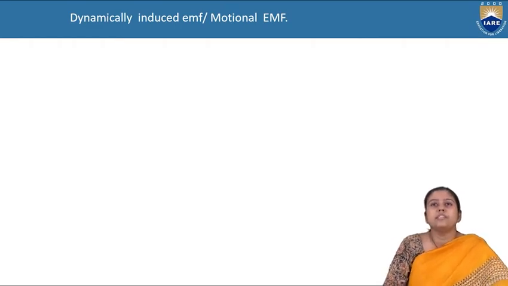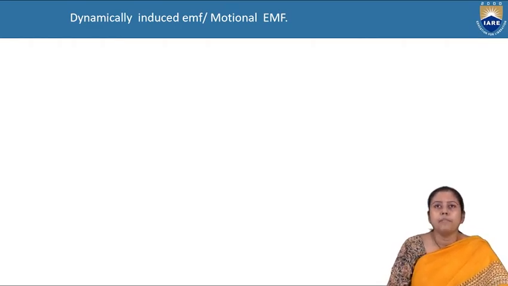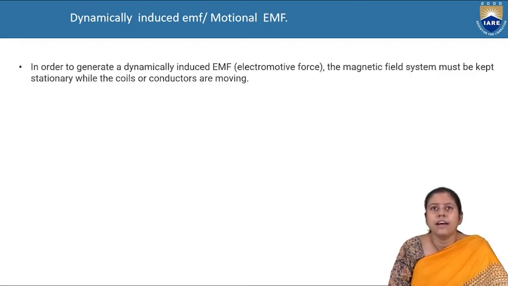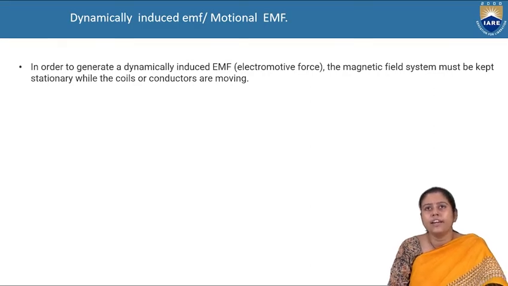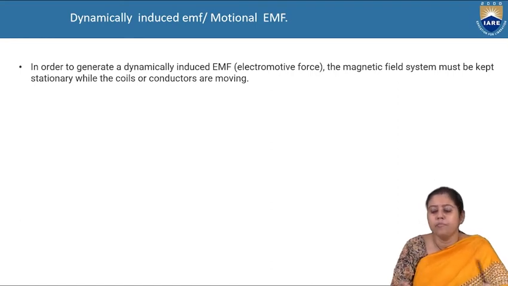First we will discuss the dynamically induced EMF, or motional EMF. As we discussed earlier, to generate a dynamically induced EMF, the magnetic field must be kept constant or stationary, and the coils and conductors are moving.